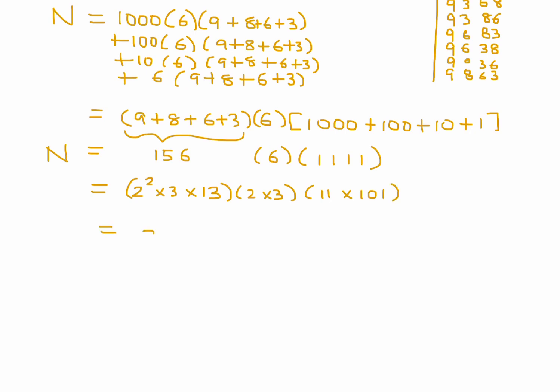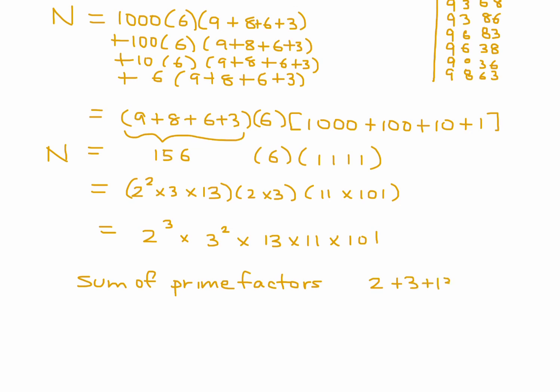If you combine these, you get 2 to the power of 3 times 3 to the power of 2 times 13 times 11 times 101. 101 is prime. So now, what is the sum of the prime factors? In this case, it would be 2 plus 3 plus 13 plus 11 plus 101. And that is 130. And that's just an example so that you can understand this question.